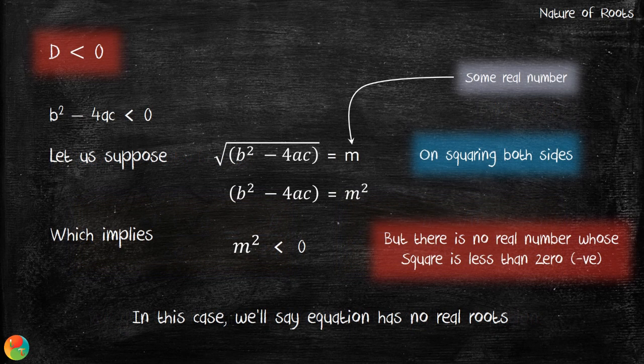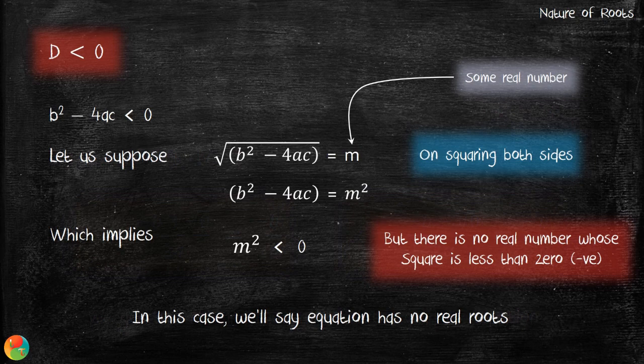Our third case is where D is less than 0. It means our discriminant is negative. You can also say that b² - 4ac is less than 0. Okay, now let us suppose this quantity under root of b² - 4ac is equal to m, which is some real number. On squaring both sides of this equation, we have b² - 4ac is equal to m².